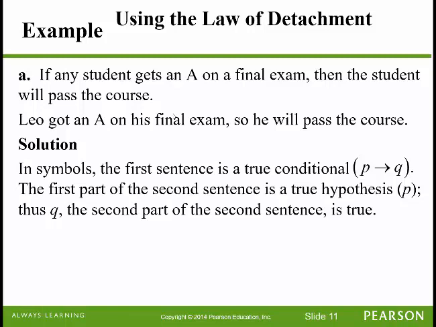Leo got an A on the final is also true. Thus, if P is true, then Q must also be true. So Q, the second part of the statement, is true, and the reasoning is sound. So the argument is valid. But let me show you an example where the argument is not valid, because I can understand how this can be a little confusing.